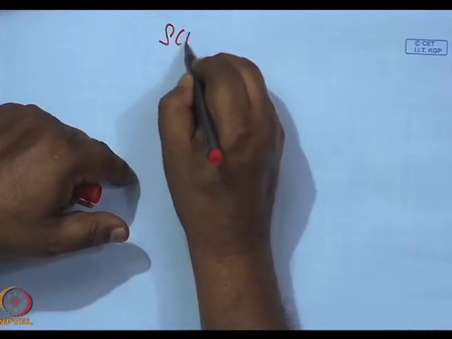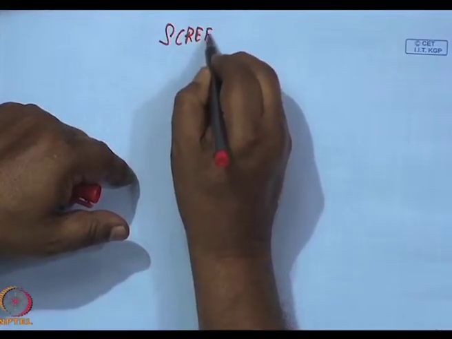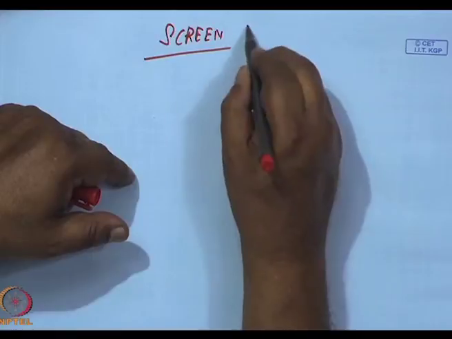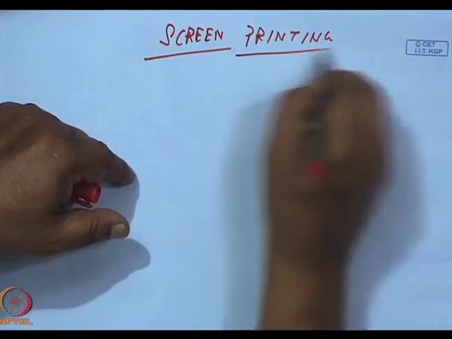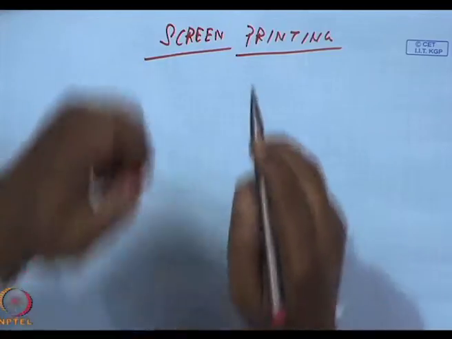Using this technique today, and a very well known technique which is screen printing. Many of the colorful dresses you wear, be it in saris or in your salwars, many of the patterns have been deposited by screen printing.